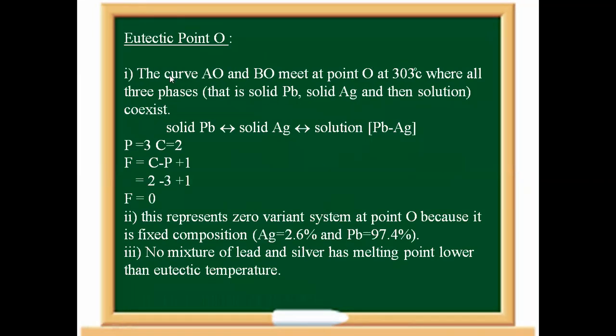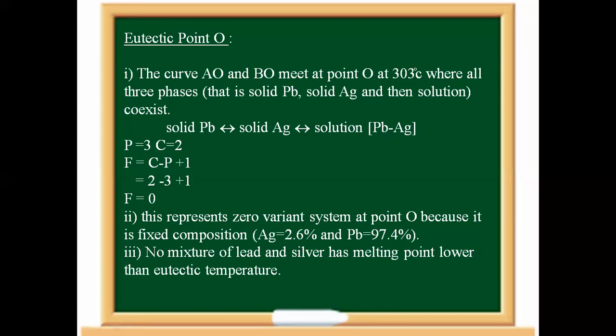Okay. So this curve AO and BO, as I told you, degree Celsius, where curve AO BO दोनों मिलते तो वहां पे solid silver भी है point O में, there is solid lead also. At the same time there is saturated solution of lead and silver.